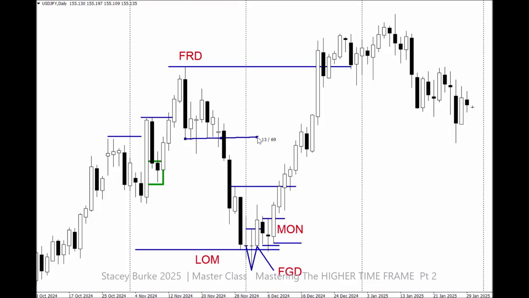When a market gave a first red day signal on the inside of a range, it was a Monday-Tuesday pattern. And again, in this particular case, our two-bar pattern is at the previous first red day. The first red day low before it coiled sideways is a Monday-Tuesday trade setup.